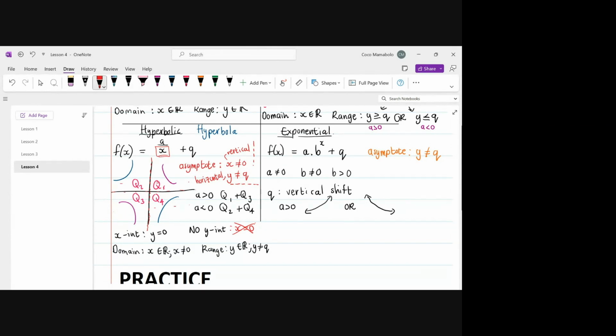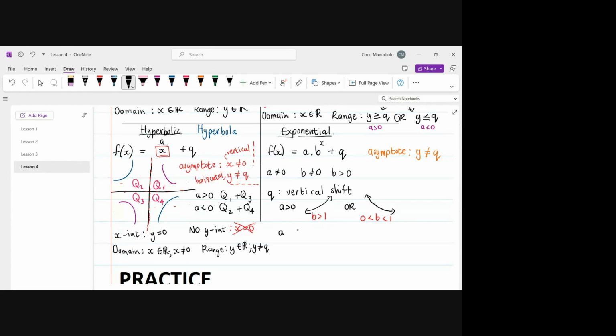If it's increasing towards positive x and positive y, it's because my b value is greater than 1. But if it increases where the x's are negative and my y's are positive, it's because b is in between 1 and 0. All right, that's when it increases.